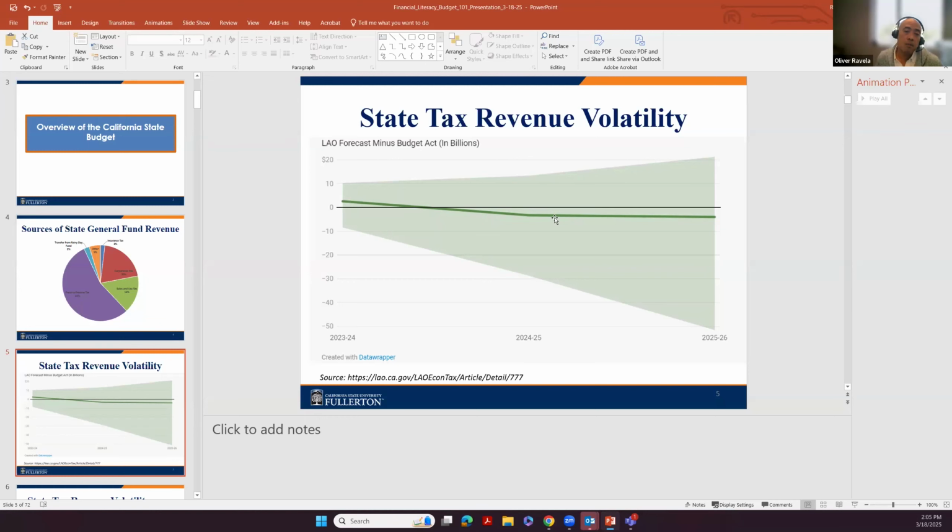And the green area represents, in LAO's estimate, the amount of variability related to the budget plan. So as you can see, within the current fiscal year, the green line is where the administration is targeting as far as the budget plan. But LAO's estimate shows a swing of up to positive 10, 15 billion to negative 40 billion.